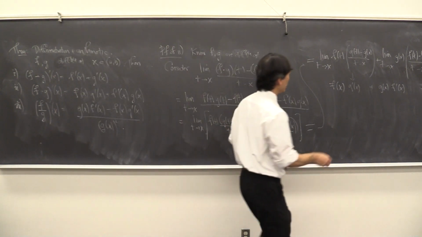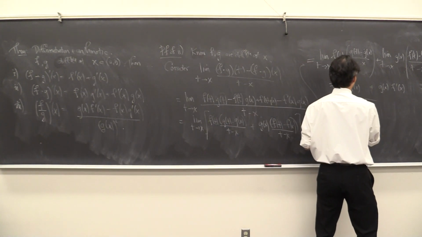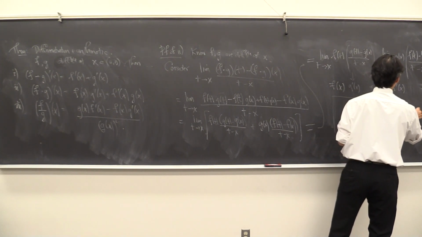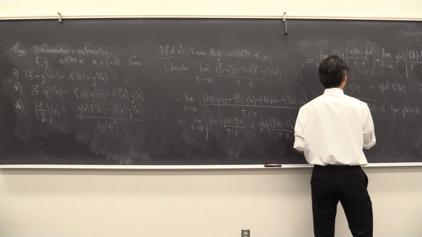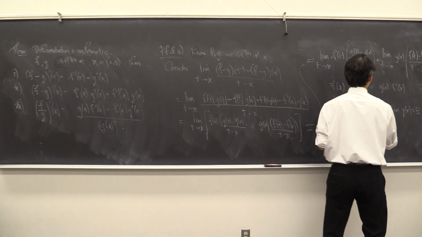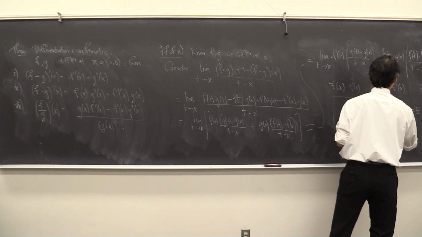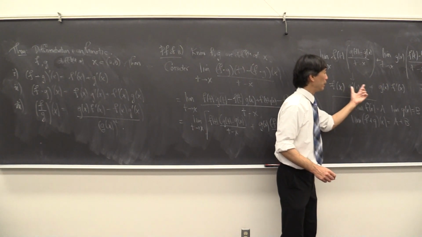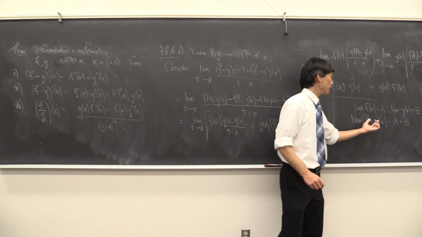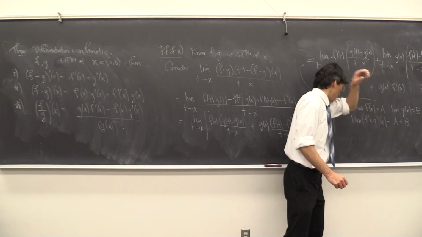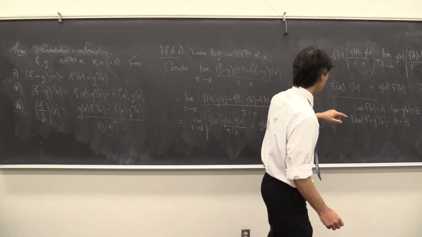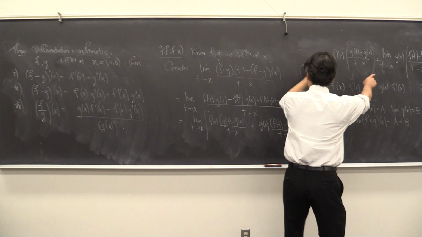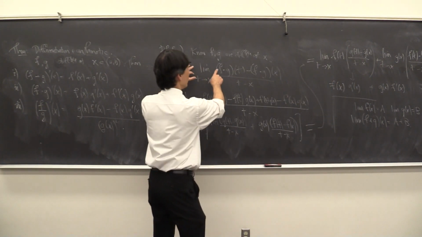So if you have the limit of f of x is a, the limit of g of x is b, then the limit of the sums equals the sum of the limits. So if the limits exist independently, then it's okay to do this sort of thing. The sum of the limits equals the limit of the sums, and so we get that this thing equals that thing.